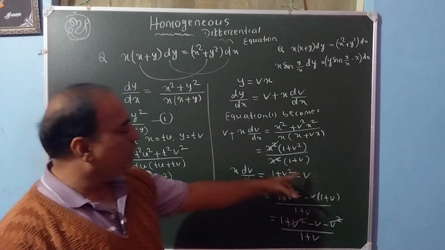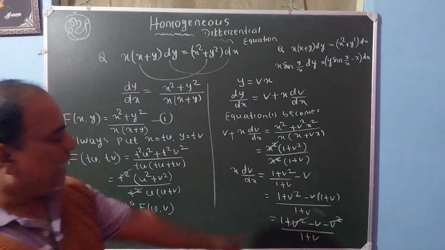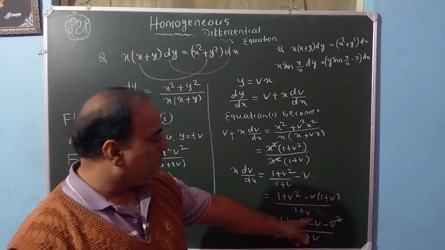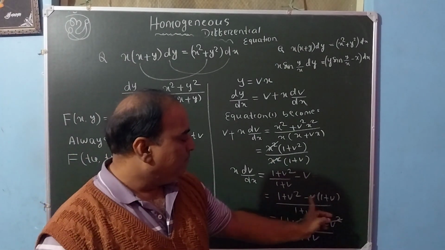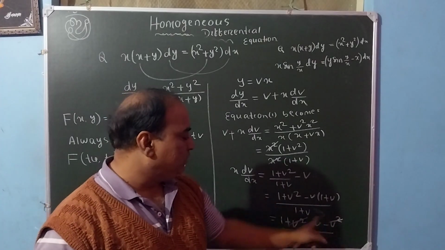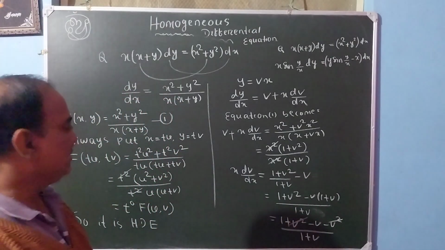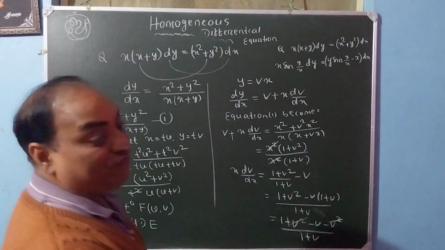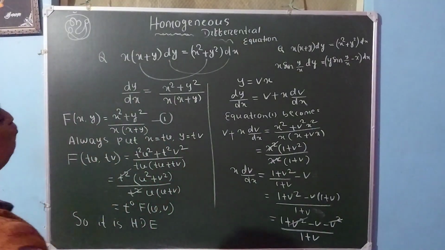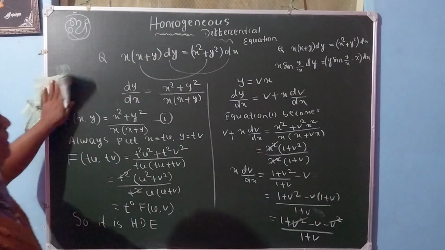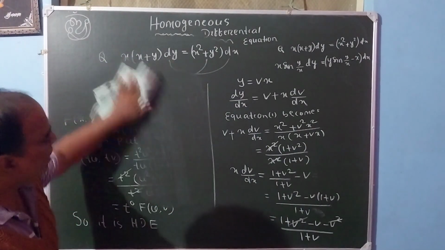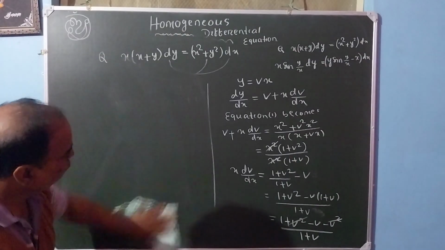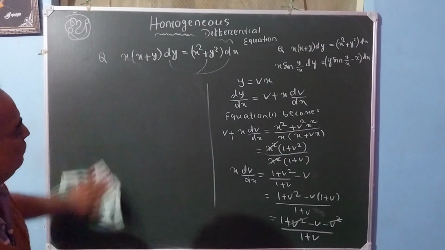Here minus v will come to that side. We get 1 plus v square minus v minus v square; plus v square minus v square cancel each other. Now separating the variables. How can you separate the variables?